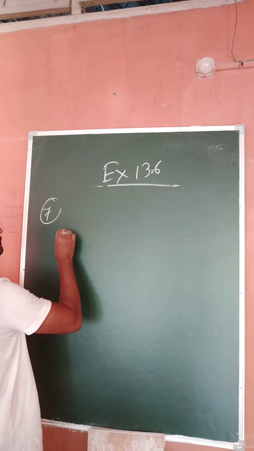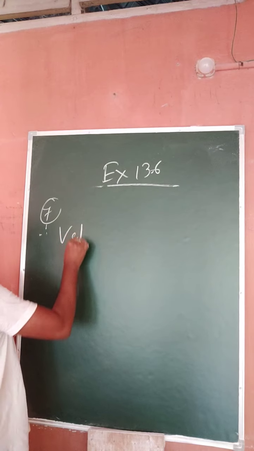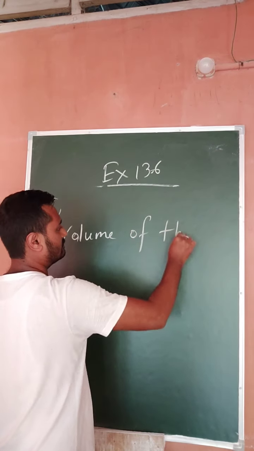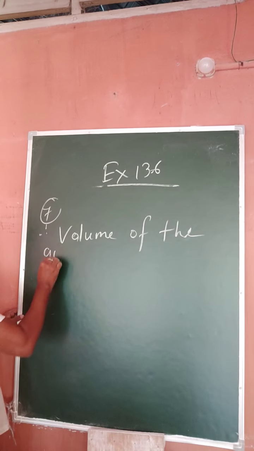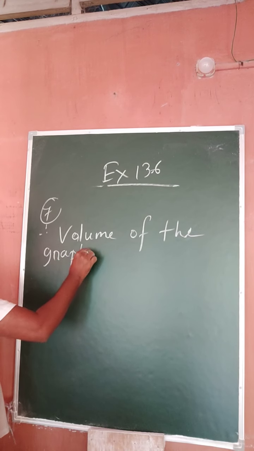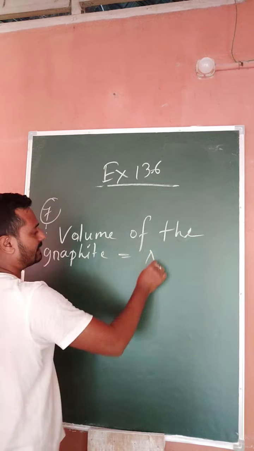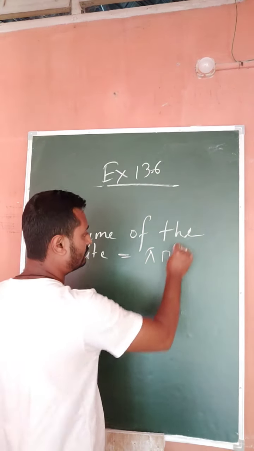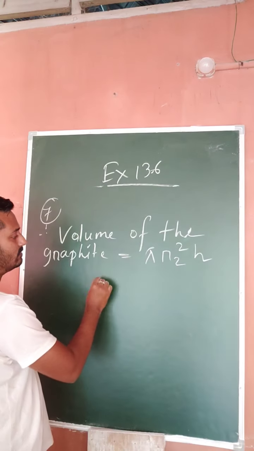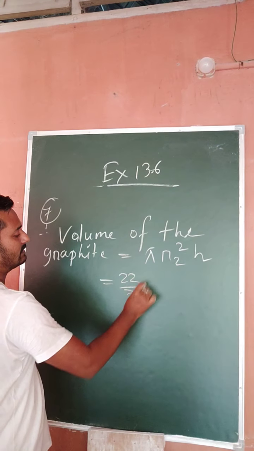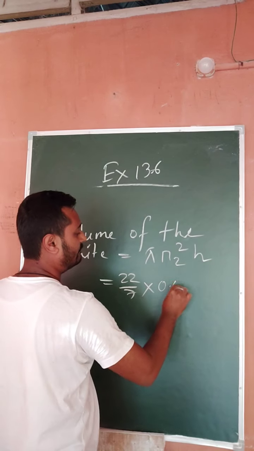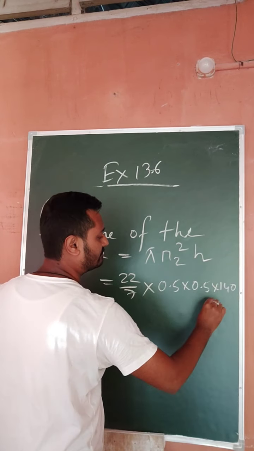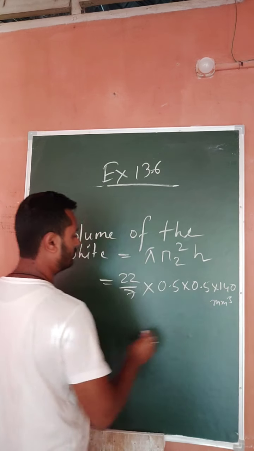So first you write volume of the graphite, which is pi R2 square H, because we are taking R2 as the radius of the graphite. Pi is 22 by 7. So R2 is 0.5 into 0.5 and H is 140, which is millimeter cube.